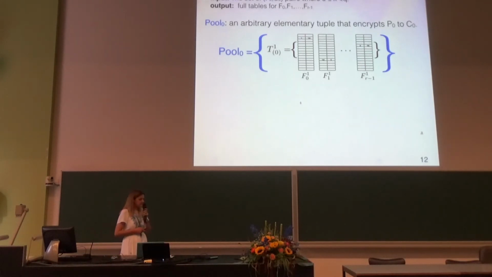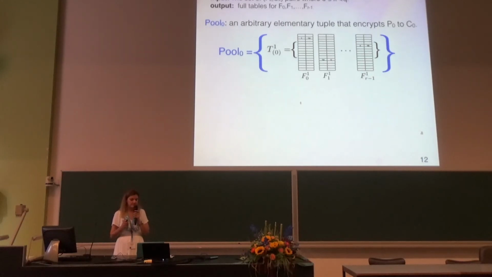Since we are interested in one of the equivalent sets of round functions, and I showed you a way to make it really flexible by picking arbitrary inputs and mapping them to arbitrary outputs, I'm going to start with an elementary tuple that encrypts an arbitrarily picked message to its corresponding ciphertext.